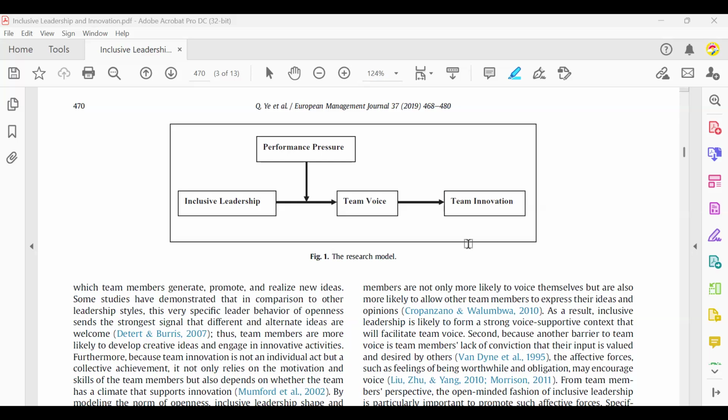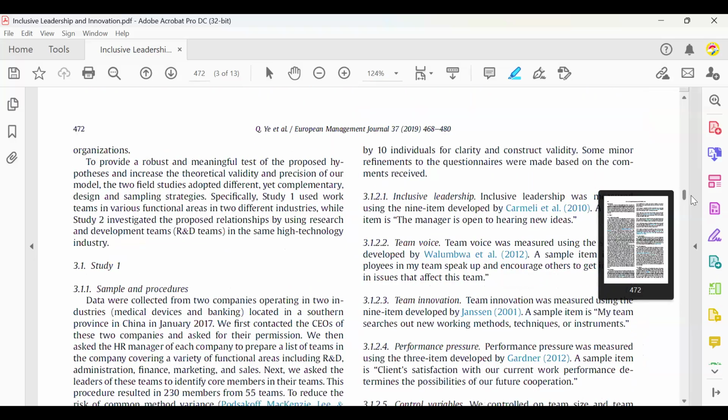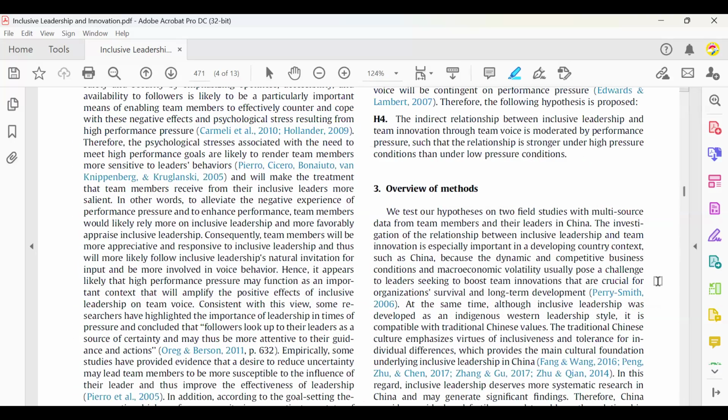If we look back at the main elements of an empirical paper that we want to identify, in addition to the constructs that are being studied and the relationship that's being studied, which are represented in the hypothesis, we also want to understand an overview of methods.